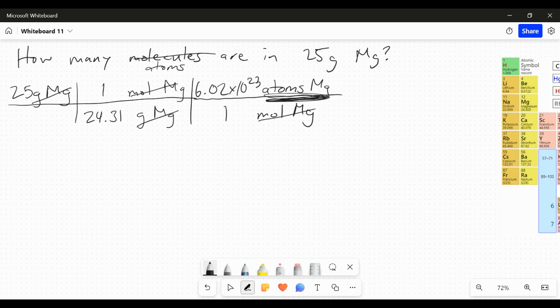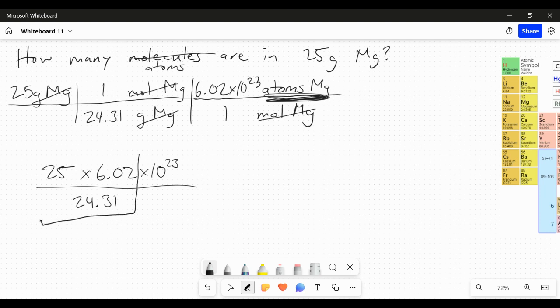So we're going to multiply across the top. 25 times 1, we just ignore that, times 6.02 times 10 to the 23rd. That becomes our new numerator. On the denominator, we just have 24.31. Now I'm going to save the times 10 to the 23rd until the end.